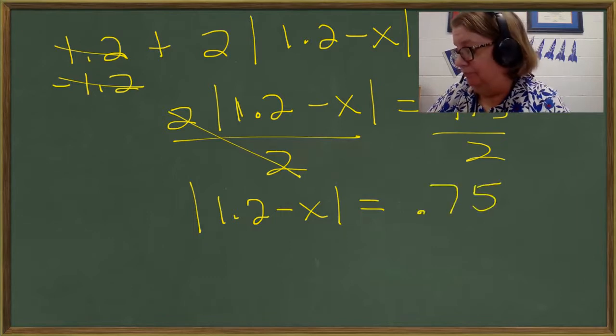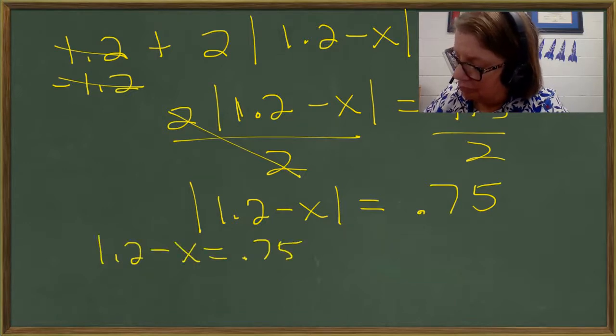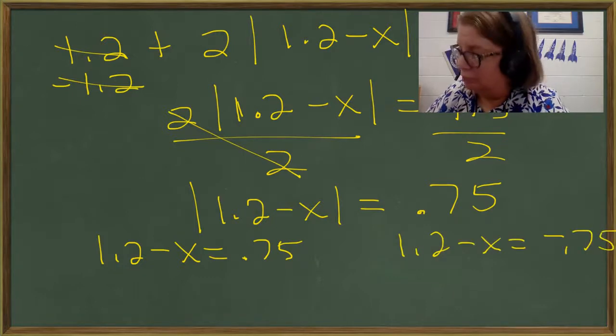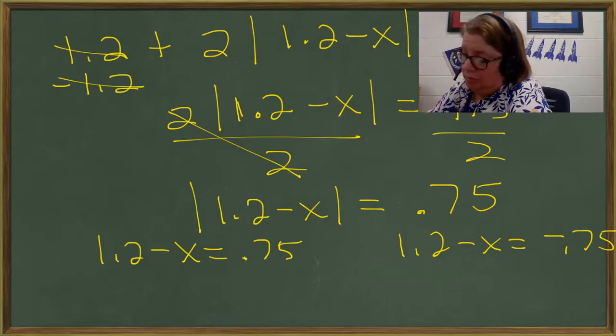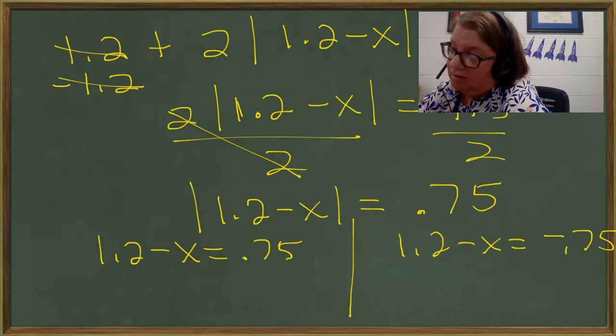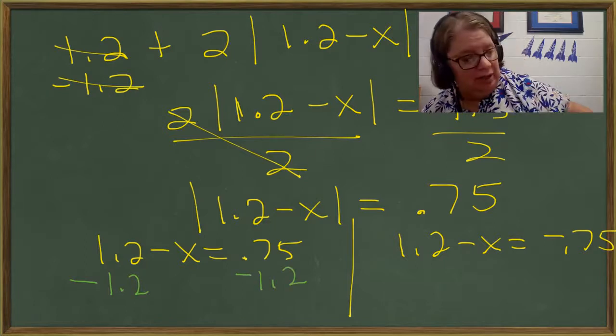0.75. Split it. Solve it. Now, on this side, subtract the 1.2. I don't have a calculator handy.